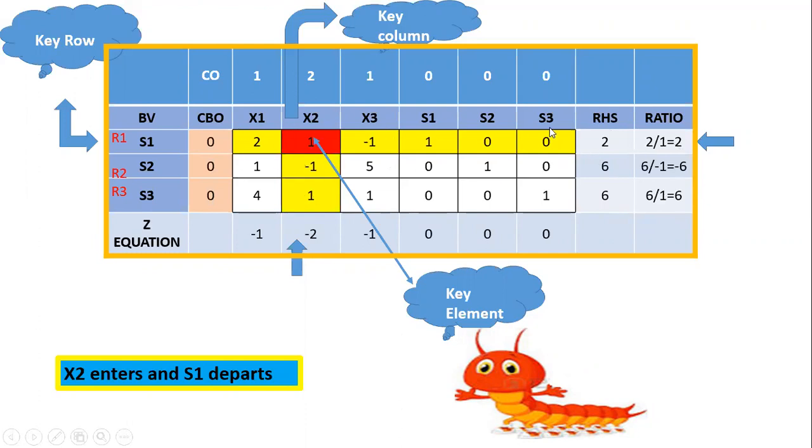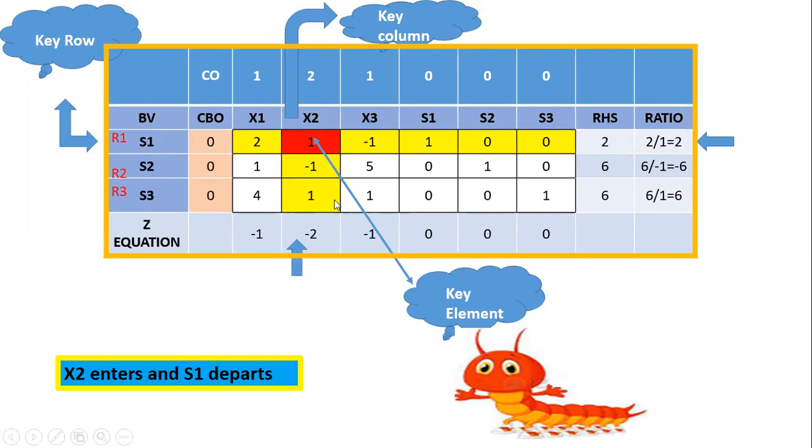So this becomes the key row, and S1 will be the key row. So X2 will be entering the table and S1 will be departing from the table. In the next table, the basic variables will be, instead of S1, X2, S2 and S3.